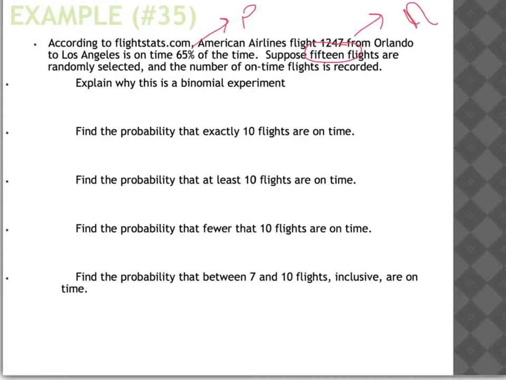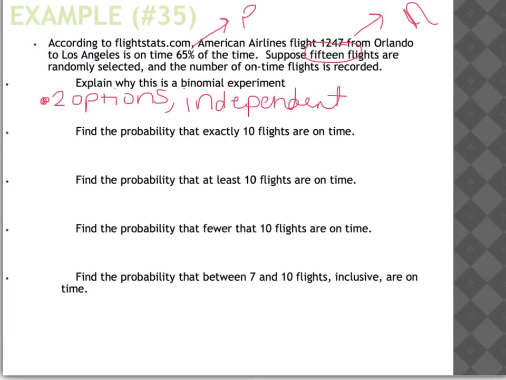Now the first part of the question says, explain why this is a binomial experiment. So this goes way back to the very first part of the lesson where we had to talk about the characteristics. So one of the things that always has to be true is there are two options. And in this case, the two options are either the flight is on time or the flight is not on time. Easy as that. Each one is independent. That was one of the other characteristics.